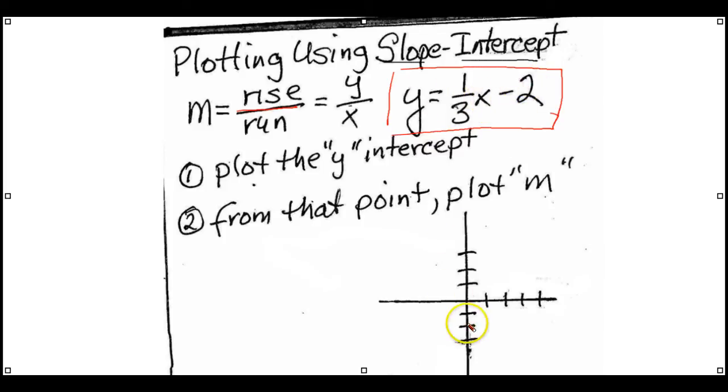We put a dot right there. Now from this point, we now plot the slope. Well, the slope is 1/3. 3 are the x units, 1 is the y unit. So this is a run, and it's positive.